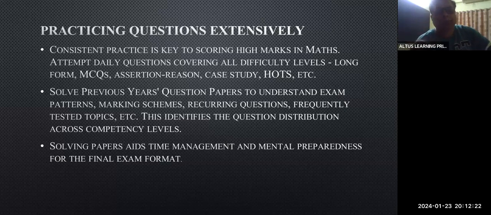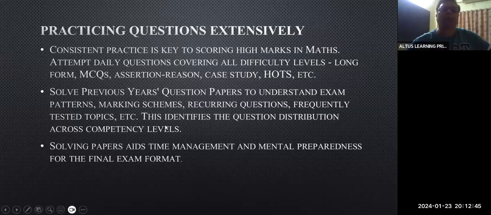Gradually you'll have a habit of finishing the paper within 2 hours 30 minutes or 2 hours 40 minutes. So you may have 15-20 minutes to recheck: whether you have copied the question correctly, done the calculation correctly, or anything is missing. At least 15 minutes we should have so that we can recheck the paper.